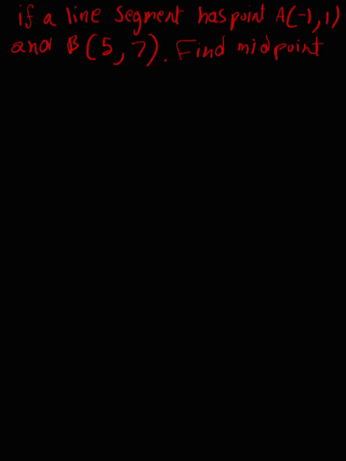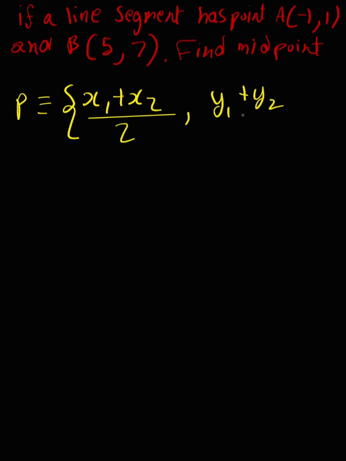So now look at this question. You have been given a line segment. It has point A minus 1 comma 1 and B 5 comma 7. So we can just apply the formula P is equal to x1 plus x2 over 2 comma y1 plus y2 over 2.